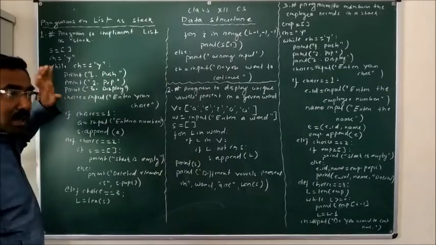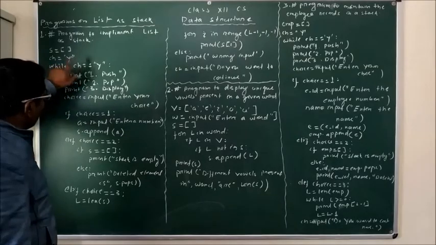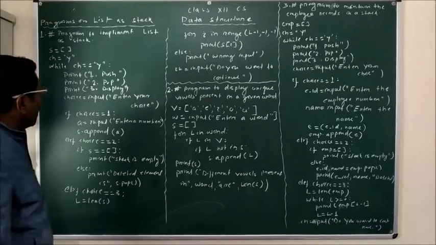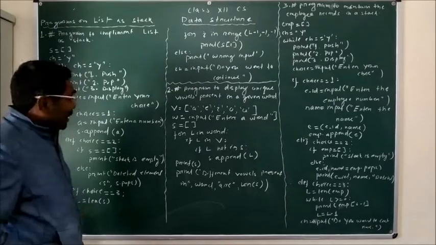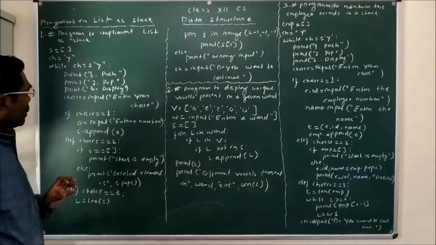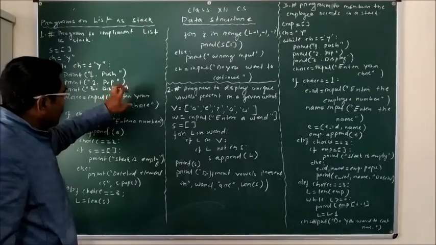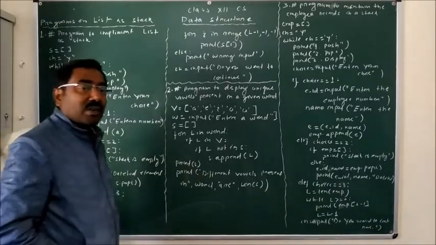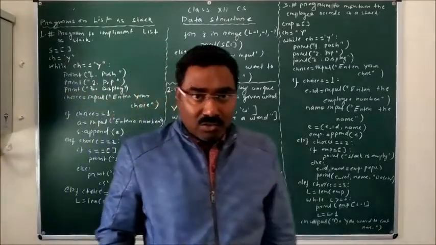So whenever you run the program, on your screen it will display 1, 2, 3, that is push, pop and display. In the next statement, choice is equal to input, enter your choice, so now you have to enter your choice, whether I go for push or pop or display. That means either we are entering 1 or 2 or 3.